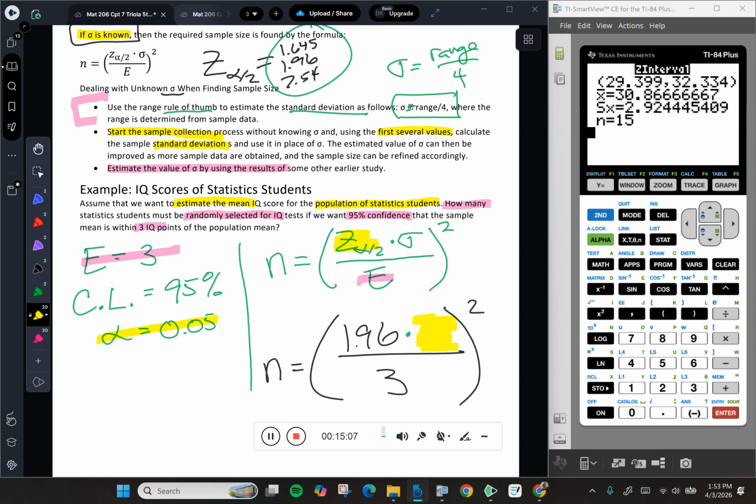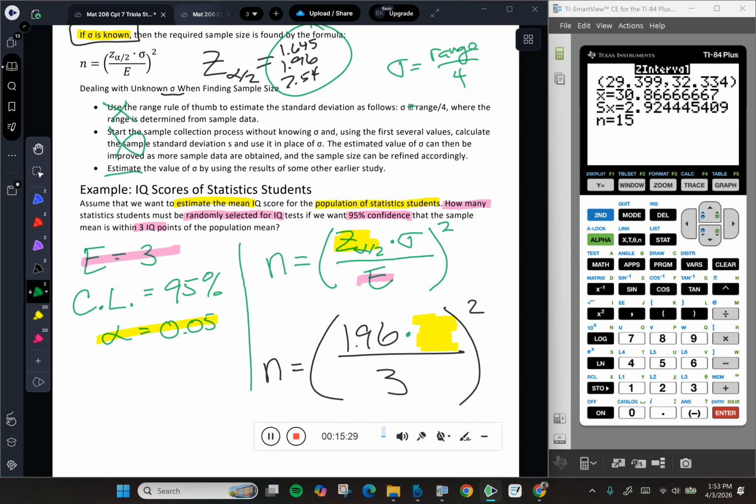Okay, so I'm going to go back up here and look at my options. Well, I could use the range rule of thumb, but I can't here because I honestly don't know what the range of IQ scores is. I could start sampling, but I'm not going to do that because I don't have access to that to make this problem work right now. So I'm going to estimate it.